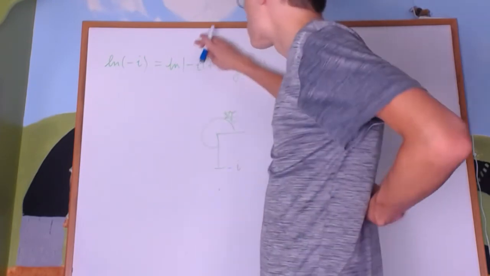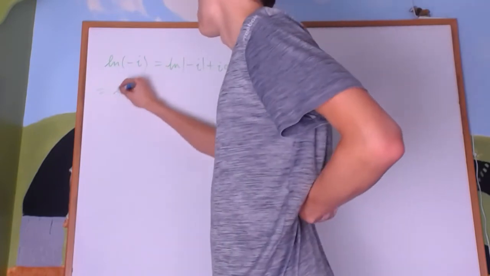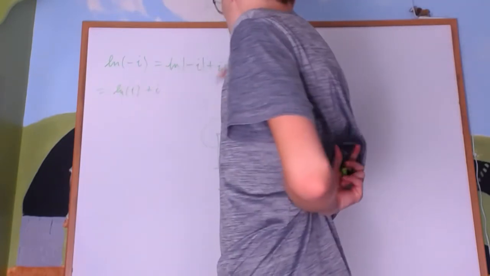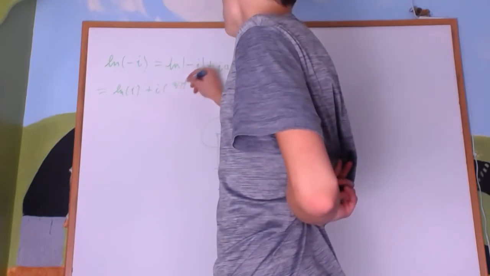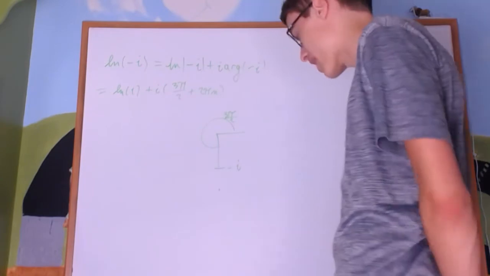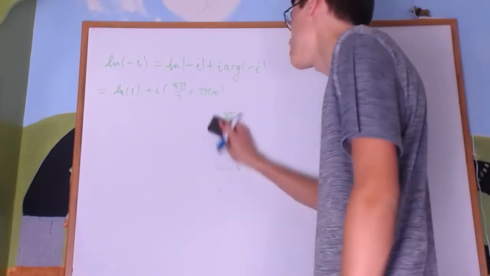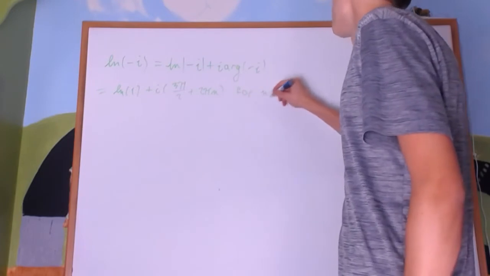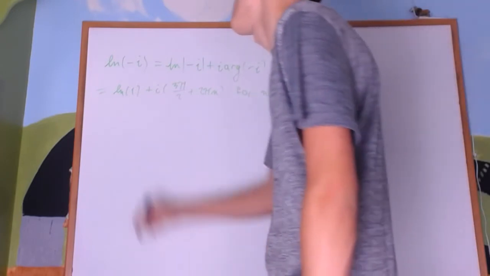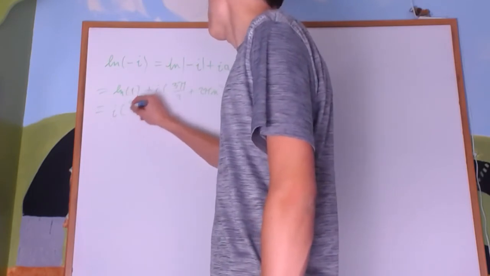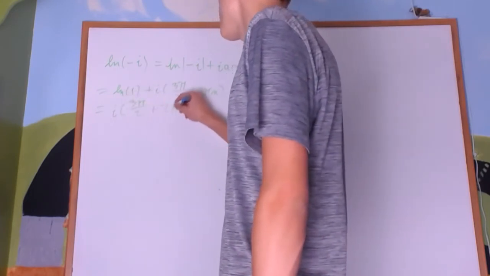It's a distance 1 away from it, so this is natural log of 1 plus i times 3 pi over 2, and you can actually add 2 pi n to that for any integer n, for n an element of the integers, which is then just i times (3 pi over 2 plus 2 pi n).